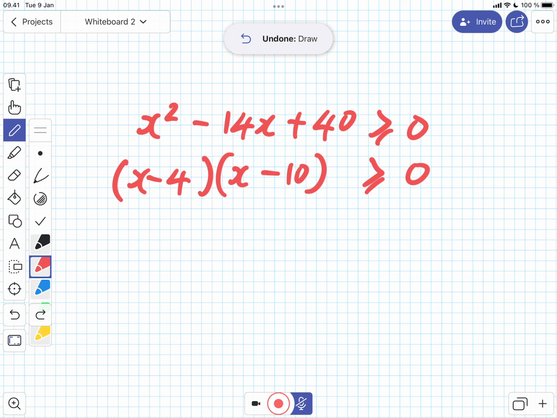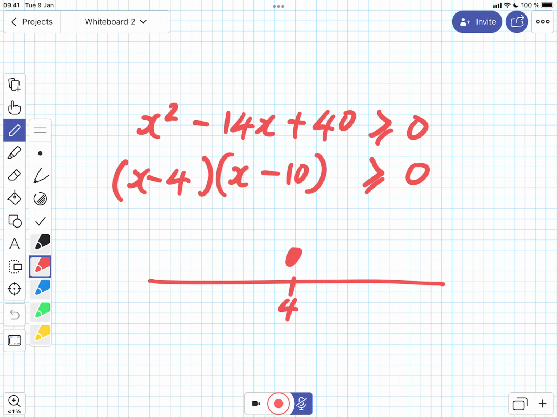So we want x minus 4 times x minus 10 to be greater than or equal to 0. Let's draw a little number line and think about the values that will make it exactly equal to 0. Well, if x is 4, then the first bracket will come out to be 0. If x is 10, then the second bracket will come out to be 0.